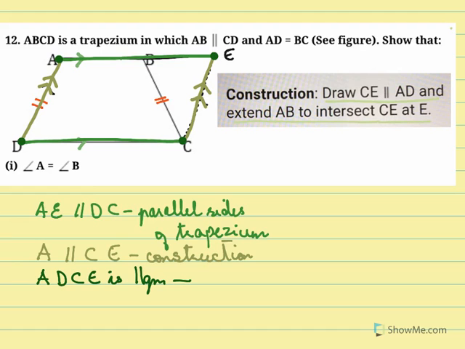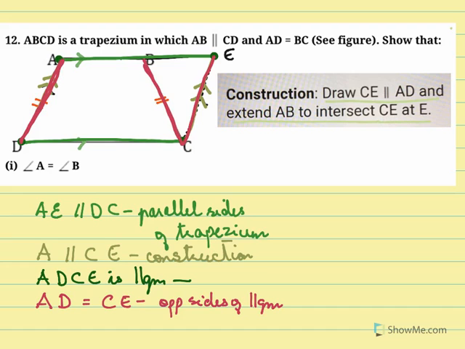And I think you can write the reason on your own. Opposite sides are parallel. Now why did I show it is a parallelogram? Because now opposite sides of a parallelogram are equal. So now I'm going to write AD is equal to CE because opposite sides of a parallelogram are equal. But it is also given to me that AD is equal to BC.